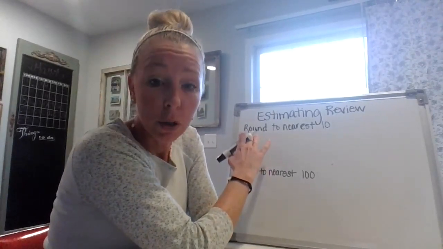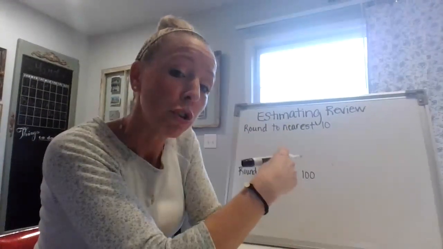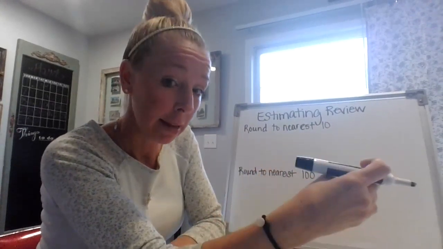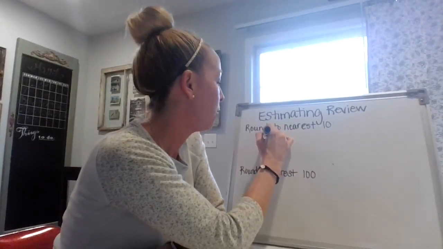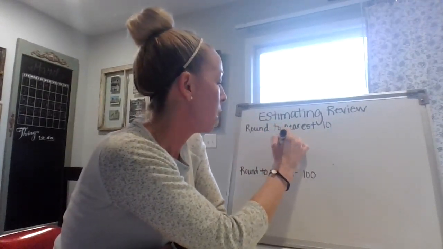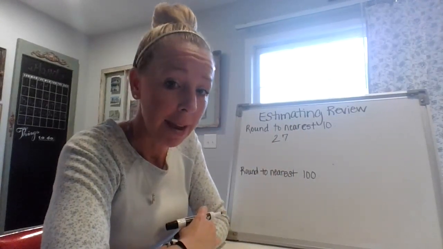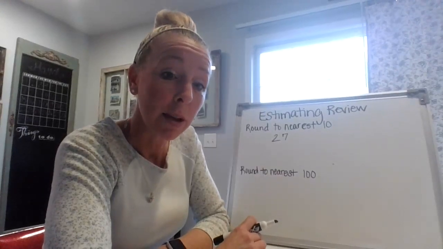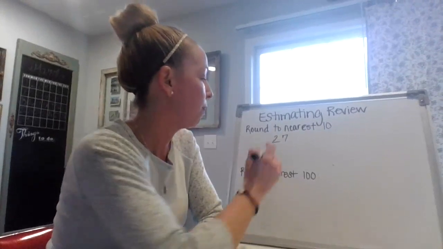If you are asked to round to the nearest 10, that means you would choose the number that, when you count by tens, it's closest to. So if I said round the number 27 to the nearest 10, I'm going to think in my head the numbers I say when I count by tens and which number is it closest to.